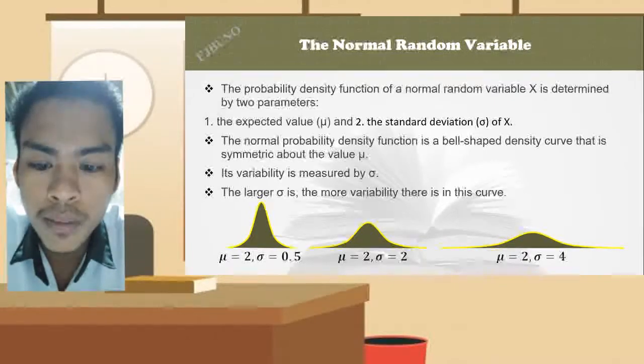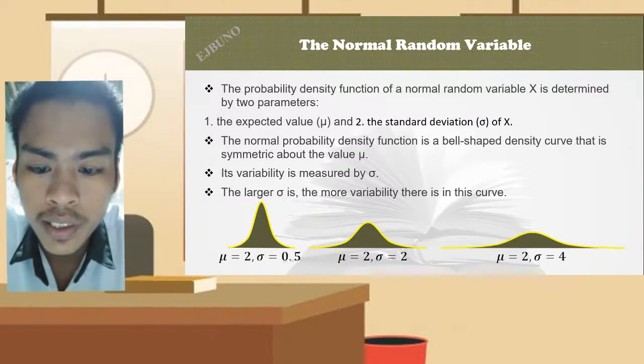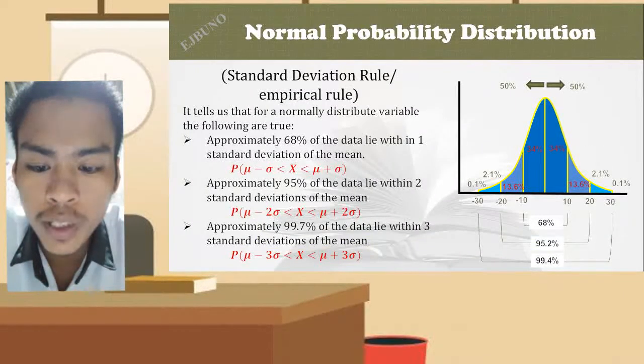Its variability is measured by standard deviation. The larger the standard deviation is, the more variability there is in this curve. You can see in the picture the variability in the curve.